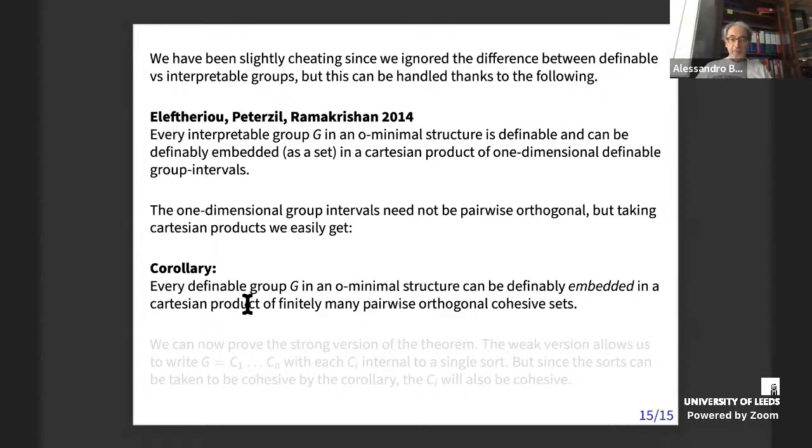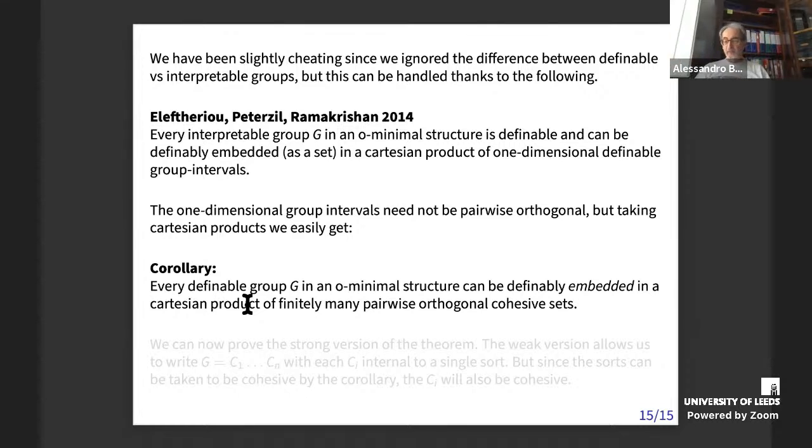this corollary: every definable group in an o-minimal structure can be embedded in a Cartesian product of finitely many pairwise orthogonal cohesive sets. Because if you keep going, when you cannot go further, it means that the pieces that you are left with are orthogonal. If they are non-orthogonal, you take the product and it remains cohesive. You do this as long as you can.